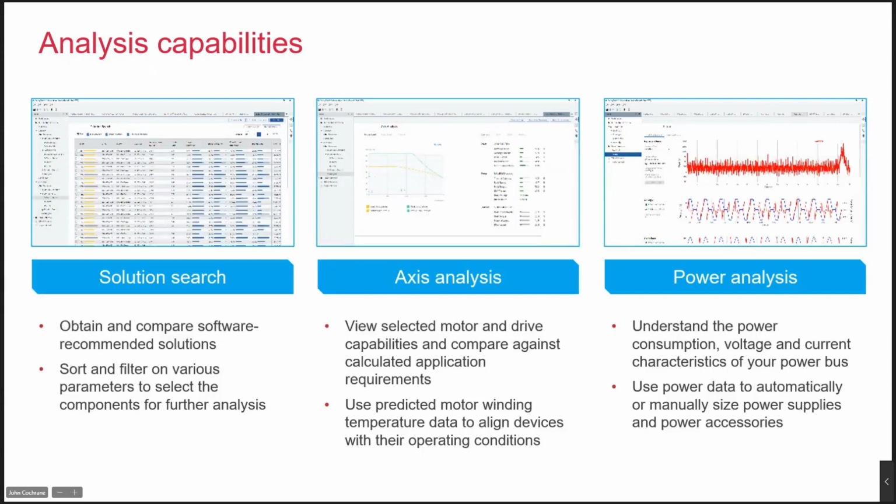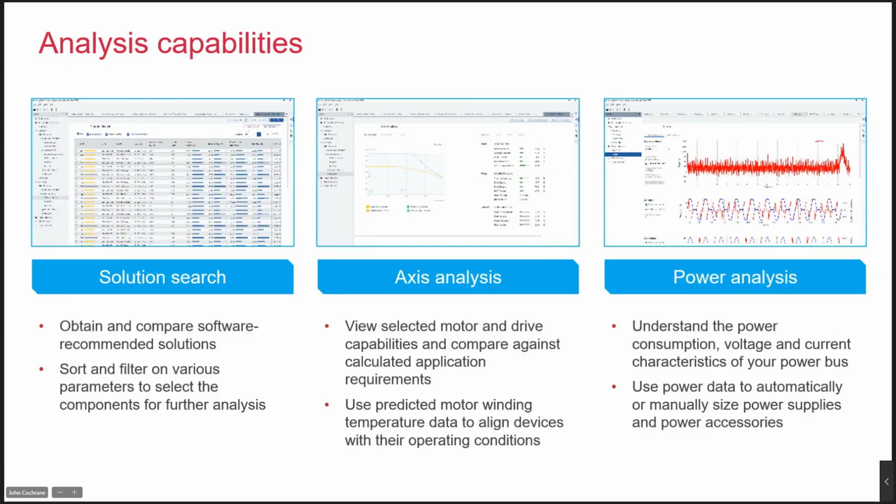And then once we select an option on the list, what would come up is the axis analysis. And this is where you would actually view your selected motor and your drive, and you can compare it against your calculated requirements. You can take a look at your thermal models, predict your motor winding temperature, make sure that everything looks good there, your inertia mismatch, things like that.